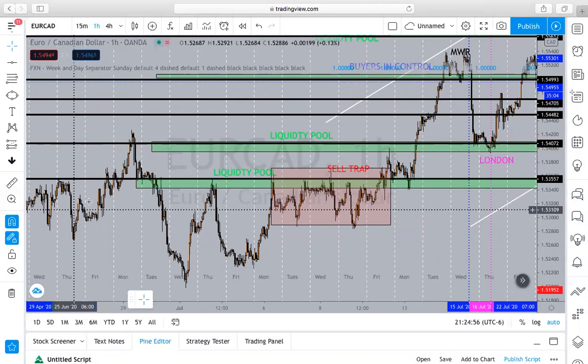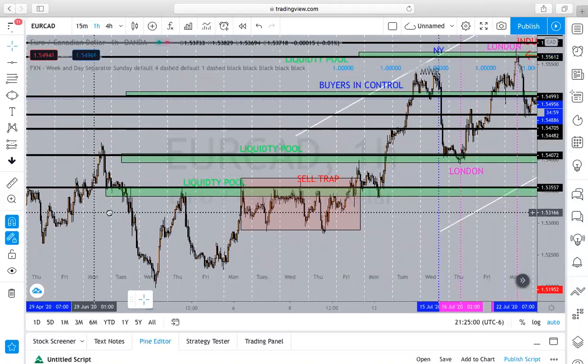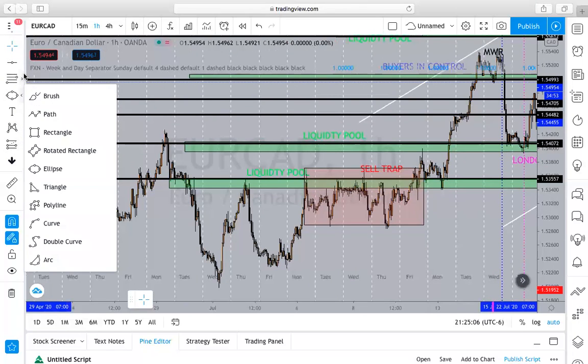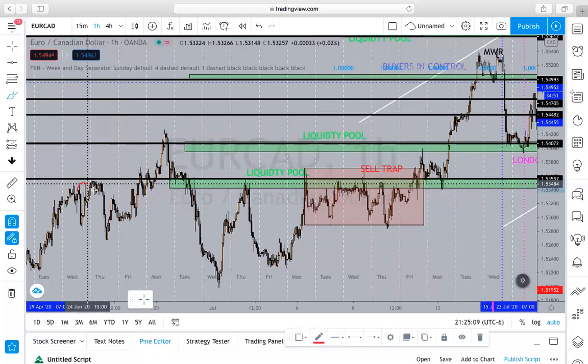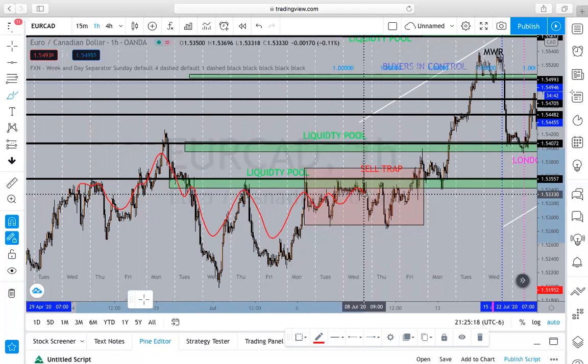So, for example, what do you expect when you see the market multiple times tend to just keep on bouncing off of resistance? It breaks it, comes back, retests, comes back, retests, several times.